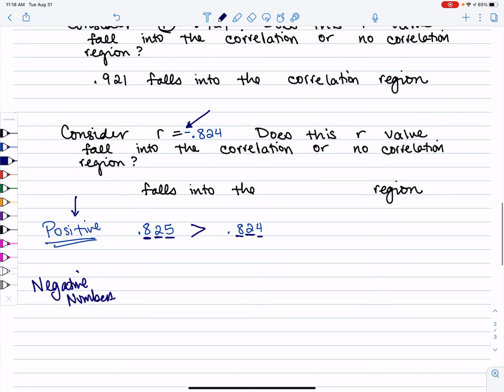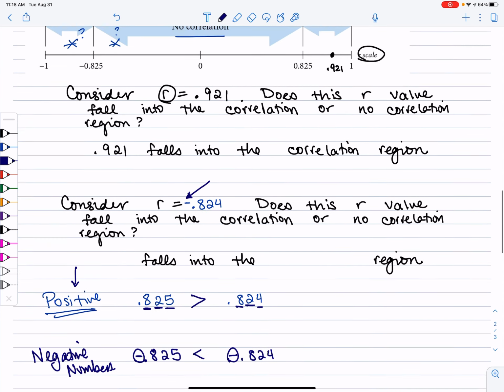So because we are talking about negative numbers, we say that negative 0.825 is less than negative 0.824. And why is that?